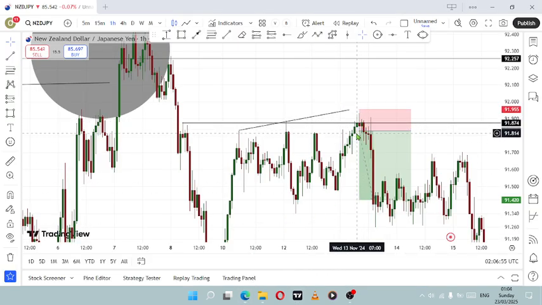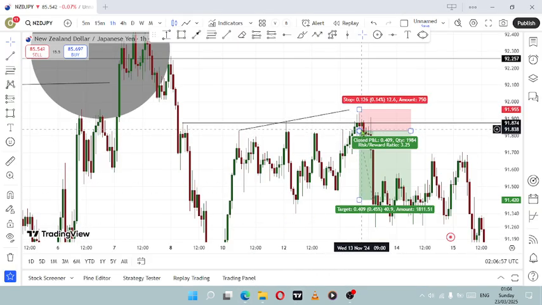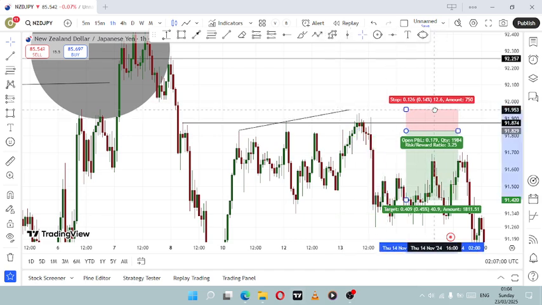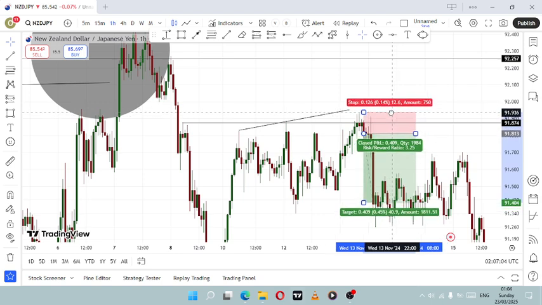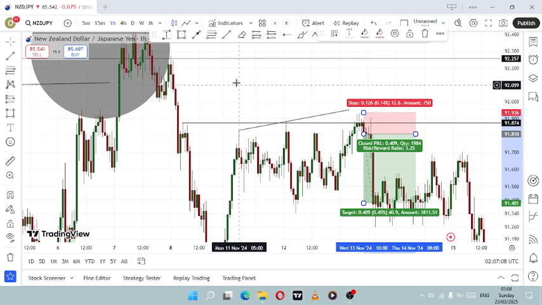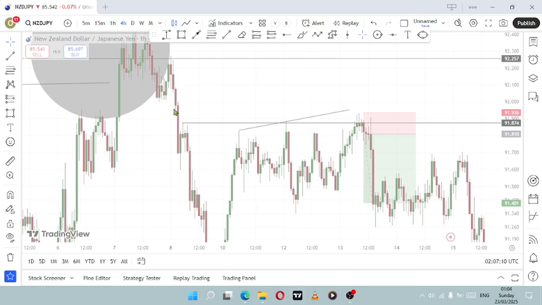Here is the risk entry on the 1 hour. If price pushes down, here is the reduced risk on the 1 hour. But let's look at it.